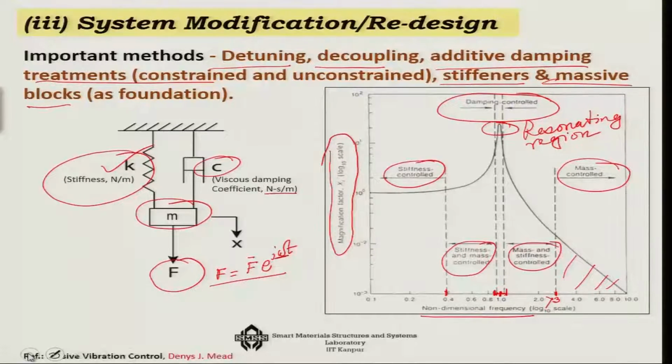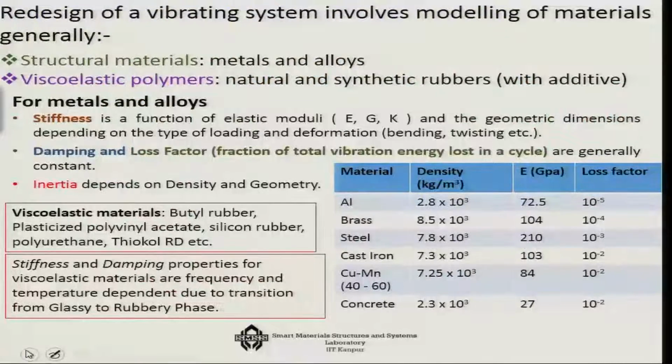Now, let us see how we can do this in terms of structural materials or in terms of viscoelastic polymers. So, for structural materials like metals and alloys, stiffness of course you can change, and how you can do it? If you change the modulus of elasticity or the shear modulus or the bulk modulus. So, these are the three things.